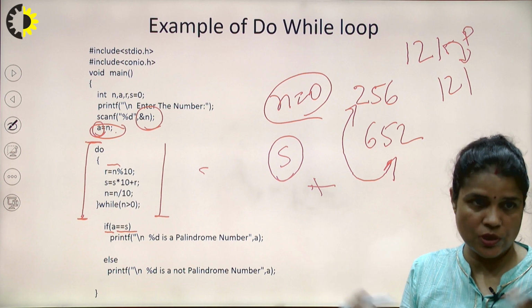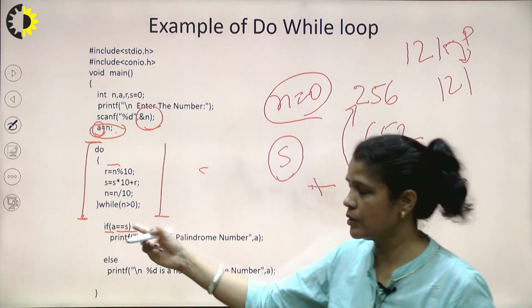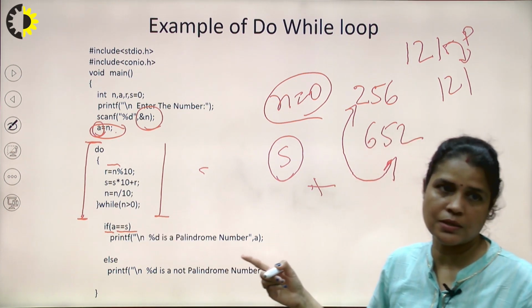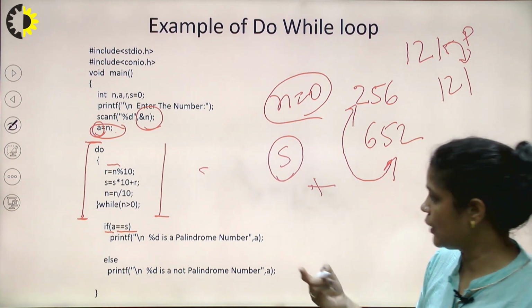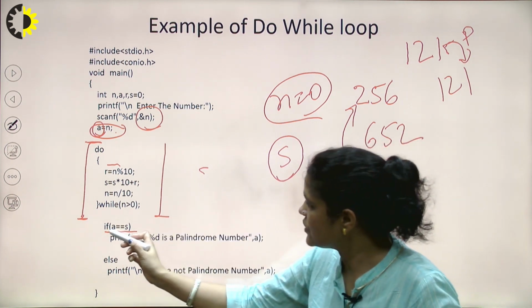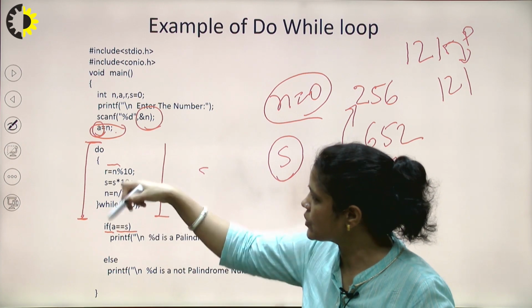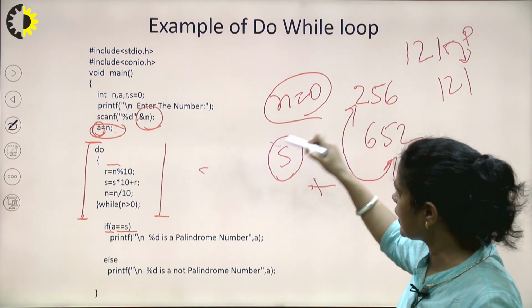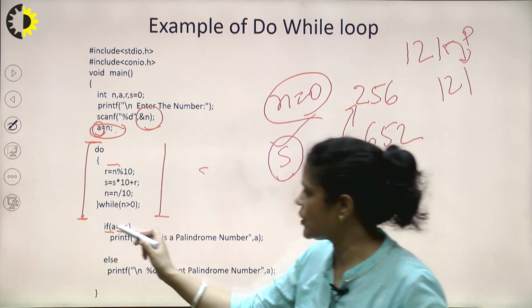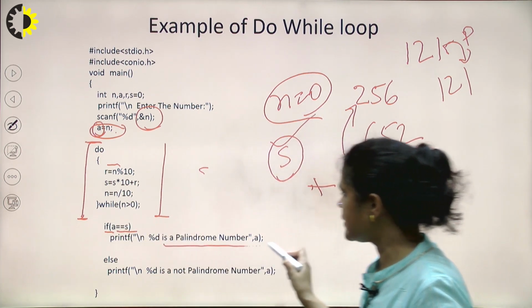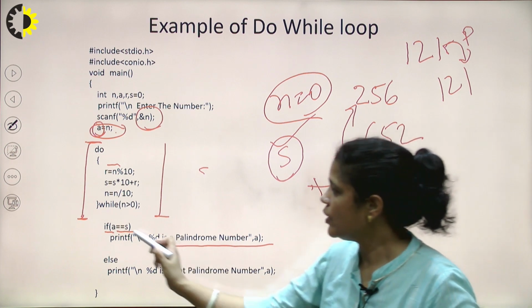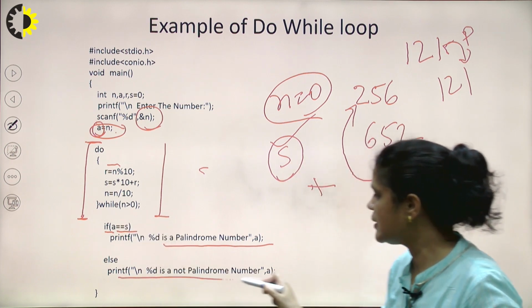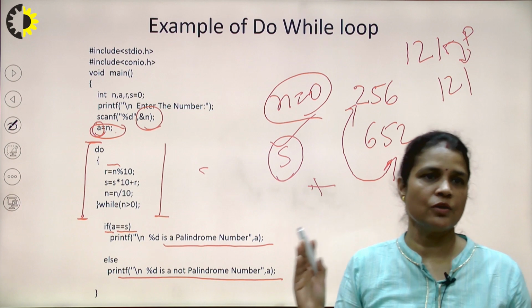When we need to check equality, we need to write the assignment operator twice, then it becomes the equal to operator, right? So we check if a is equal to s, because the original number we transferred in a, and the reversed number we get in s. If it is equal, we can say the number is a palindrome. If it is not equal, we clearly say that the number is not a palindrome number.